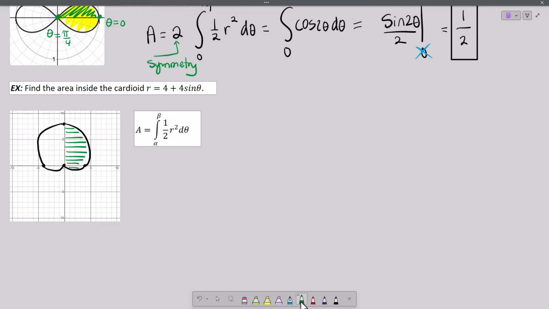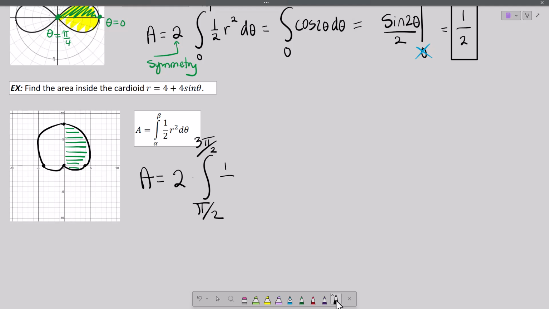Or we could go from pi over 2 to 3 pi over 2 and double it. We could do either. Does not matter. Let's go with 2 for symmetry. The one that's a little more intuitive maybe is integrating from pi over 2 to 3 pi over 2. So let's go pi over 2 to 3 pi over 2.